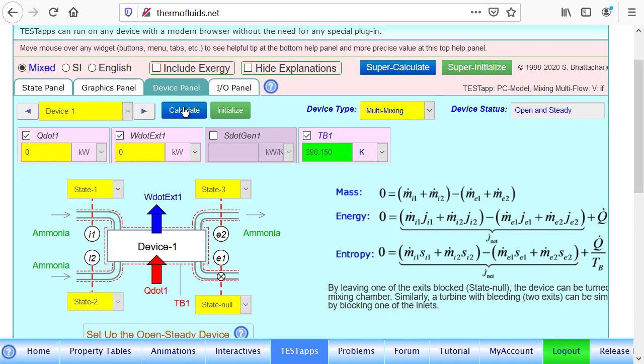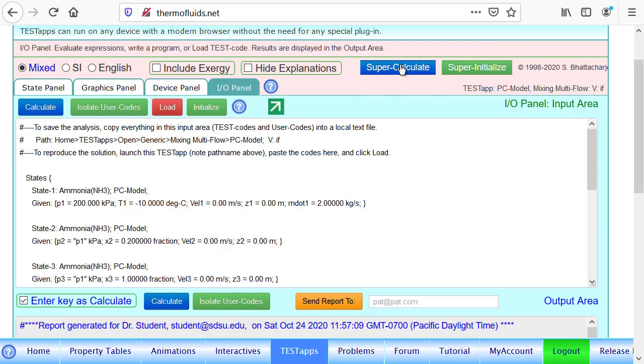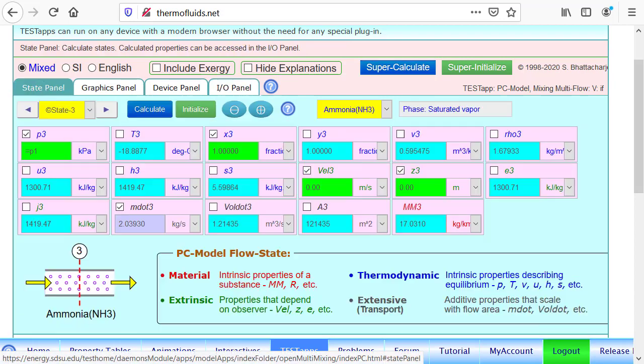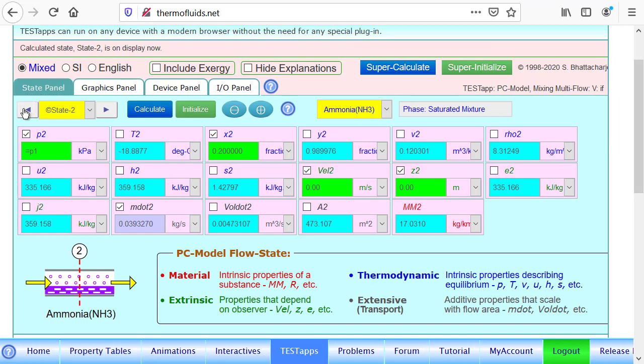First, let's do a calculate. What calculate does is that essentially it calculates the properties from the energy equation and substitutes back in the state panel. So all we need now is a super calculate to iterate between states and device, and we are ready. Now if you go back to the state, as you can see, state 1 and state 2, now we know exactly what the mass flow rate is.